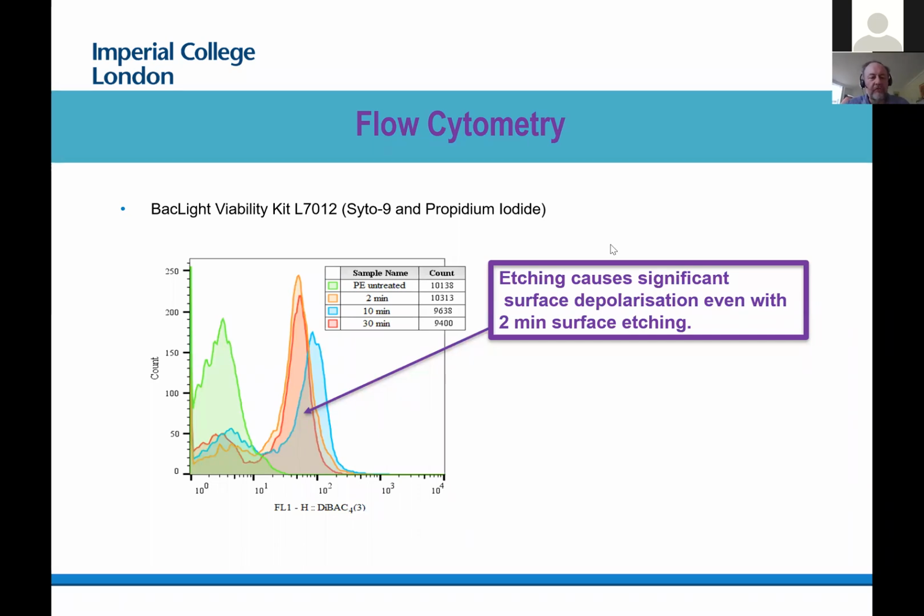and what we can see is that there are two sets of results. If we look on the left, we see a green peak, and that relates to the material that is untreated polymer. And the cells that are in contact with the untreated polymer, and the data to the left particularly, means those cells are predominantly viable cells. If we look at the sets of peaks to the right, those peaks relate to cells that have also been in contact with the surface of the polymer, but these cells are generally non-viable.